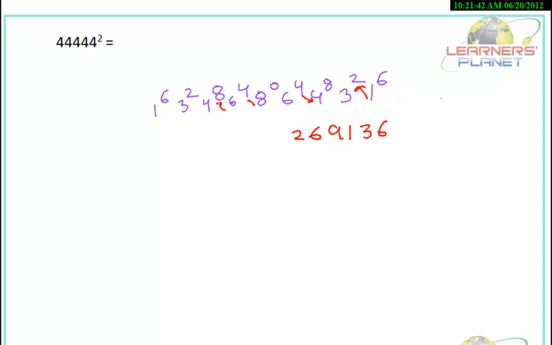Then 6 plus 8, 14 and 1, 15, we'll write 5, 1 will be carried. 4 plus 2, 6 and 1, 7. Then 3 plus 6, 9 and 1 as it is. So 44,444 square is such a big number, a very big answer, but a very simple calculation. We are just speaking the table of 16.